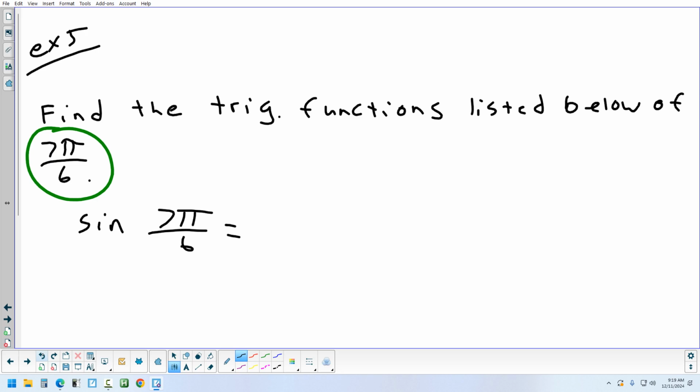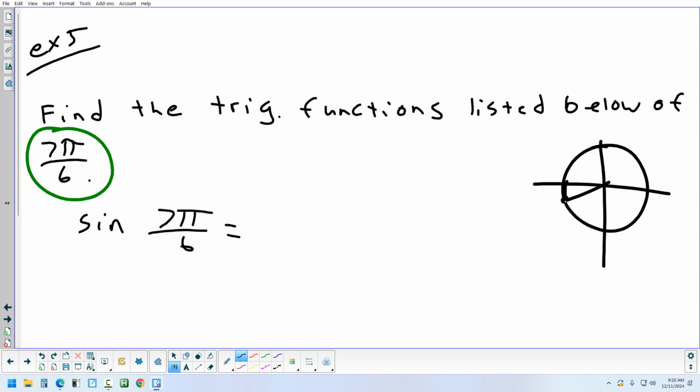Yep, it's closer to 180. So if you need a picture, you're looking at right here. That's 210. Is that triangle the 45-45 or the 30-60? Yeah, that's the 30-60. So you've got a long side and a short side.